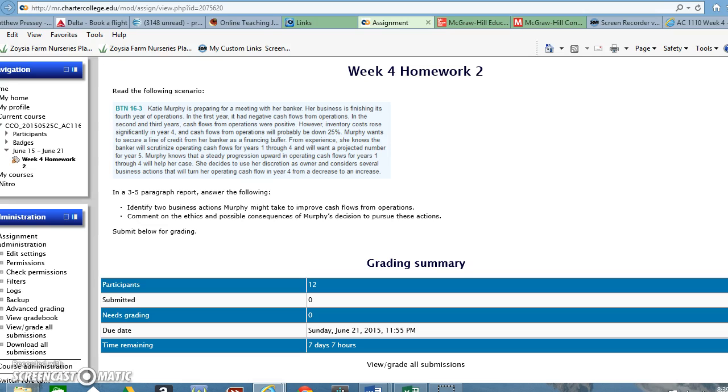It's a scenario that they give you, and you're to write a 3 to 5 paragraph report or essay on the scenario, taking the information that they give you and giving some scenarios on how this person, Kate Murphy, may improve her cash flows from operations, and then commenting on the ethics and possible consequences for this business owner to pursue the actions that you're suggesting for her.